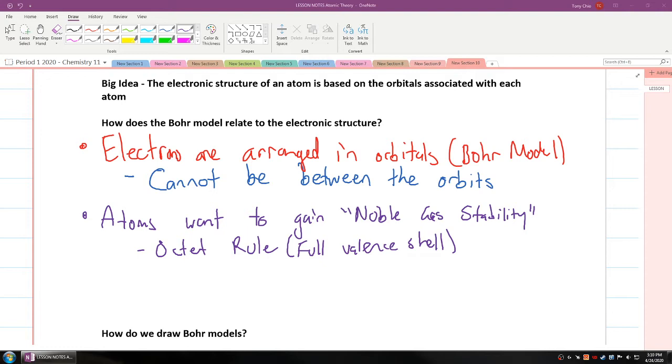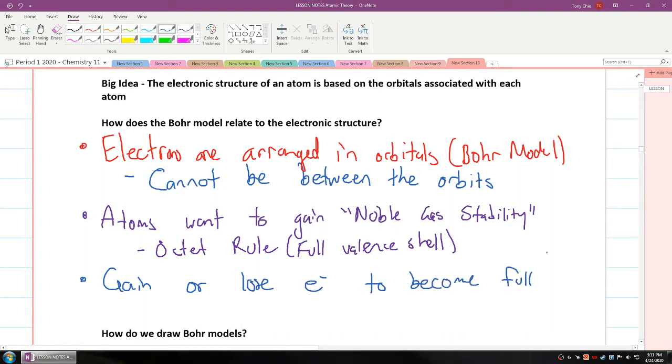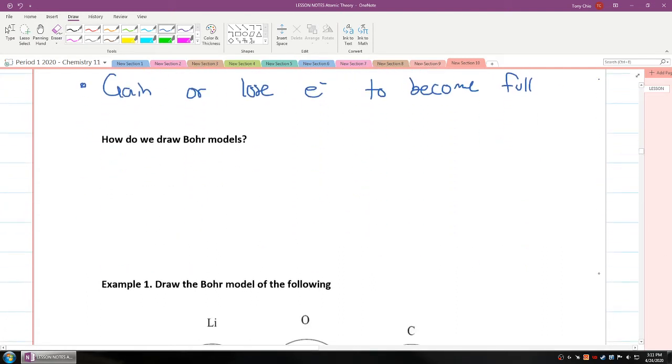So how do atoms gain or lose electrons? They want to gain or lose electrons to become full.